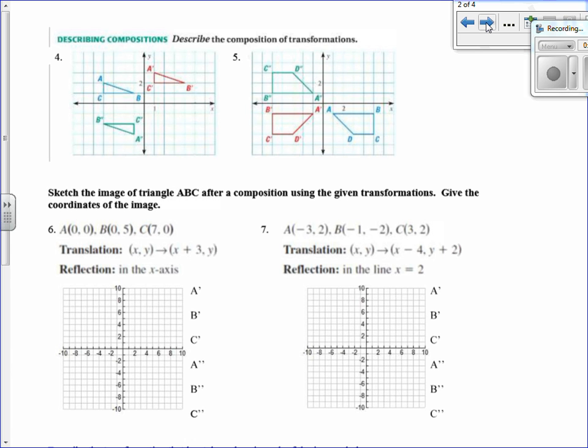On the card, this would be 1, this would be 2, and this would be 3. Okay? So what was the transformation from here to here? That's a transformation right and then up, or up and then right, so it's a translation. Okay? So let's get specific. If you put it in these little brackets like this, you can say right 3, up 1. That means right 3, up 1.